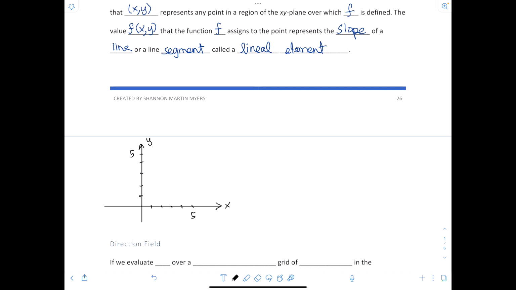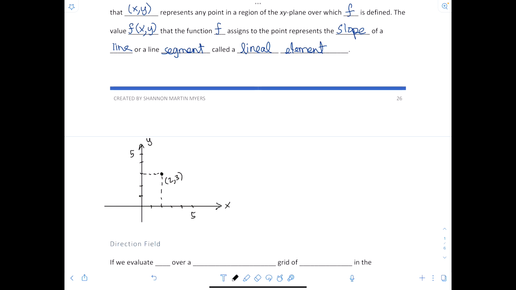Now, suppose we are looking at the slope at a certain point, right? So these little lineal elements, basically, let's say we were looking at the ordered pair 2, 3. So right here would be the ordered pair 2, 3.